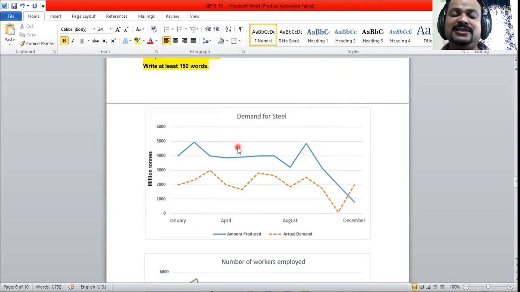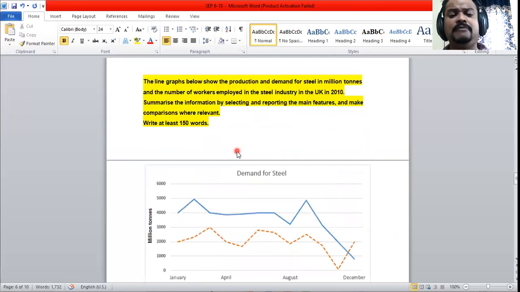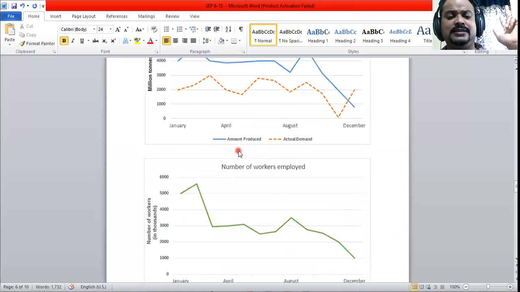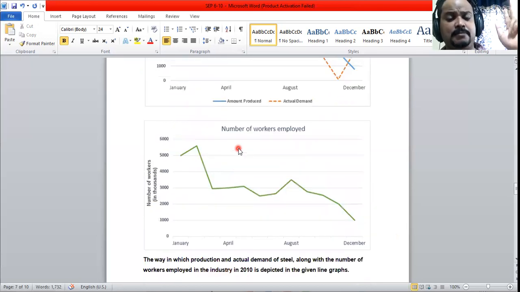So actually, these are multiple charts. We need to make it concise. You have a lot of data here, and to include every particular data is impossible. You have the production statistics, the demand statistics, and the volume of the workers employed.